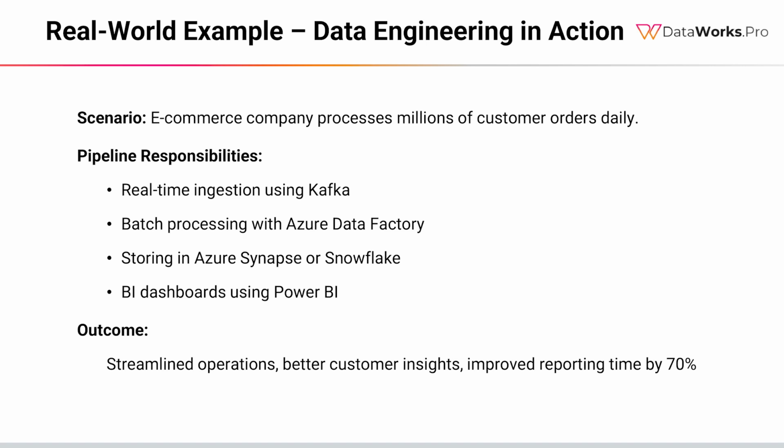And finally, they will store it safely in Azure Synapse or Snowflake, or maybe AWS Redshift. Finally, the business teams use Power BI to see daily sales dashboards, because with a good data engineering system, the company can make faster decisions. Finally, what could be the result? Better operations and faster reporting.